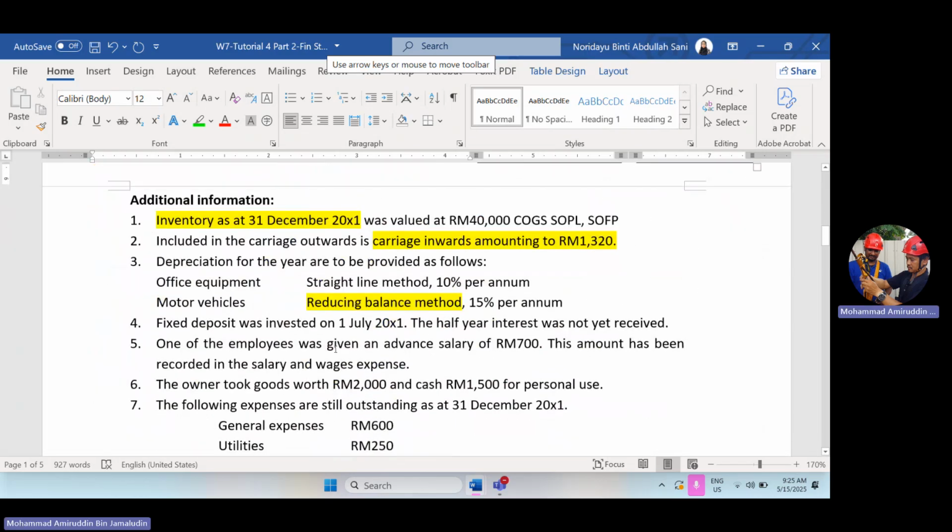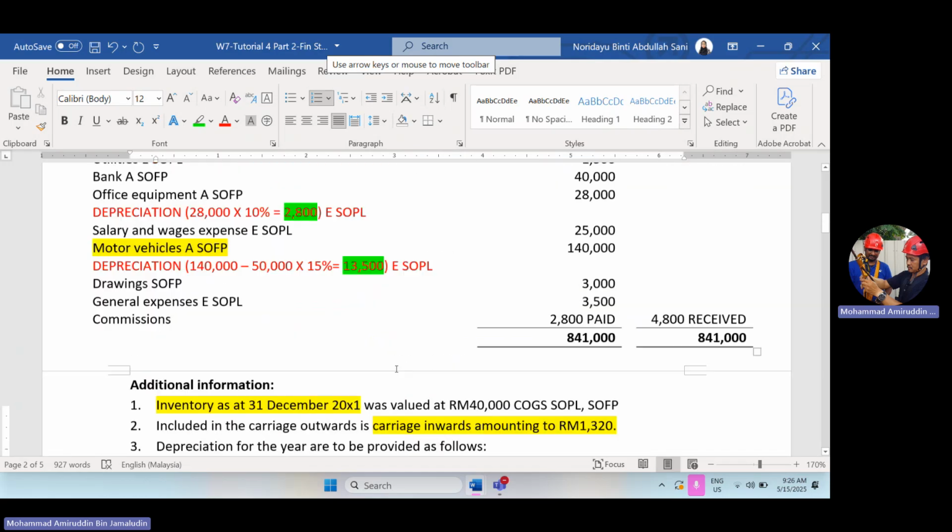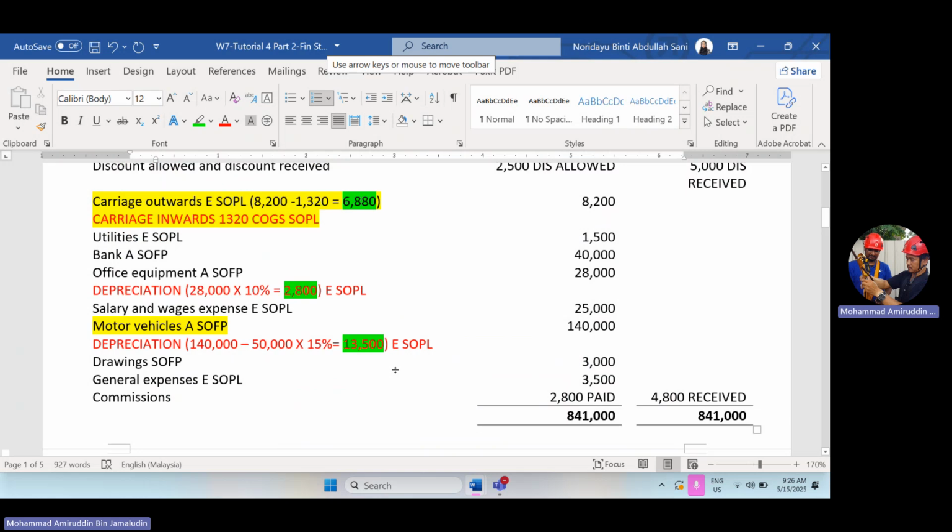Further, one of the employees was given an advance salary. We have this term, advance, means prepaid. Prepaid salary amounting 700. This amount has been recorded in the salary. Are you supposed to pay this salary in advance? No, because SOPL only incurred revenue and expenses for that particular year. No future, no back date. So where is my salary? It is here. So it is a prepaid. We are not supposed to pay, so we need to exclude the amount.